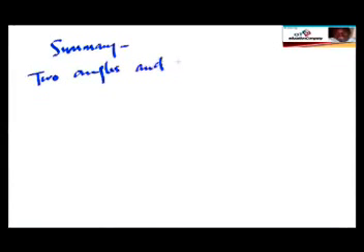So in summary, what we're referring to is that it must involve two angles and two sides. That's what we're saying.